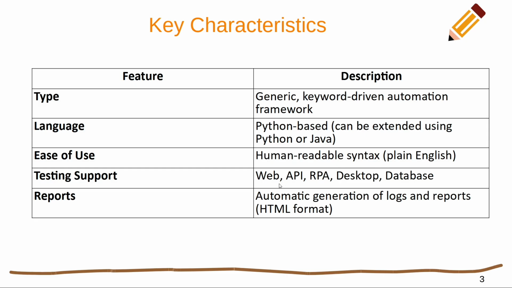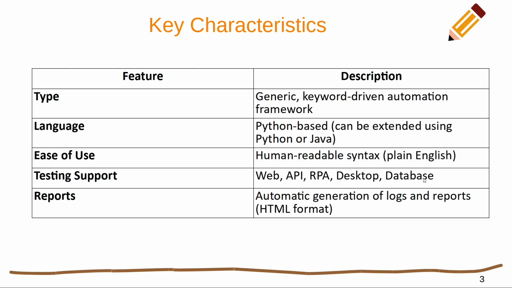It is easy to use because the syntax is very easy, human readable, plain English used in this framework. It supports web, API, RPA, desktop and database. RPA is nothing but robotic process automation.